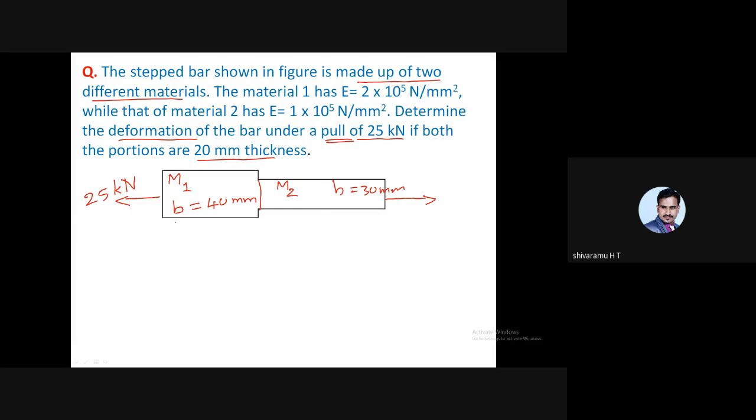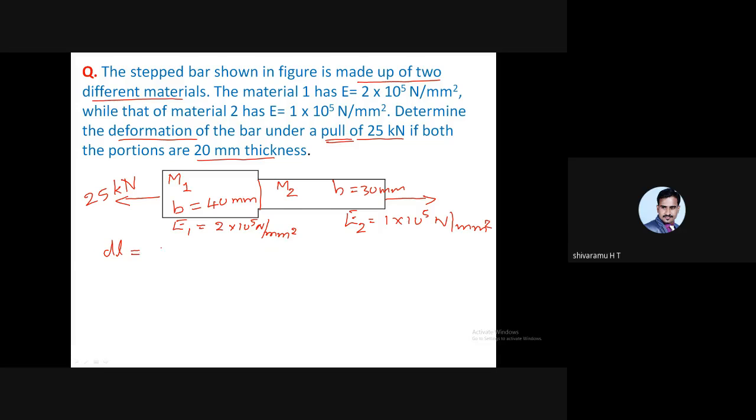So here we can take Young's modulus for material 1 as 2 into 10 power 5 Newton per square millimeter, and Young's modulus for material 2 as 1 into 10 power 5 Newton per square millimeter. Here it is asked to determine the deformation.